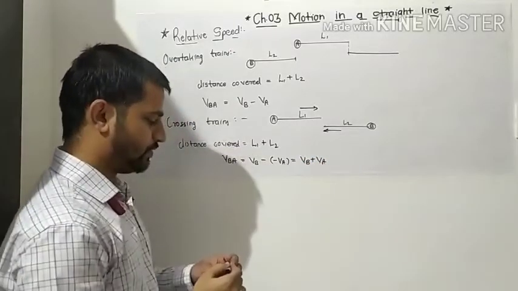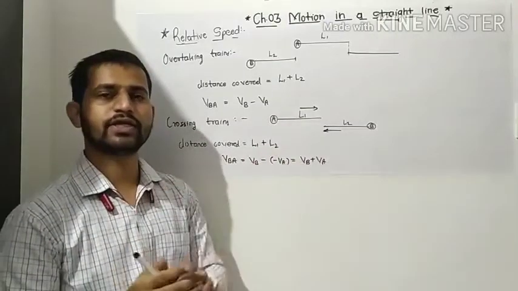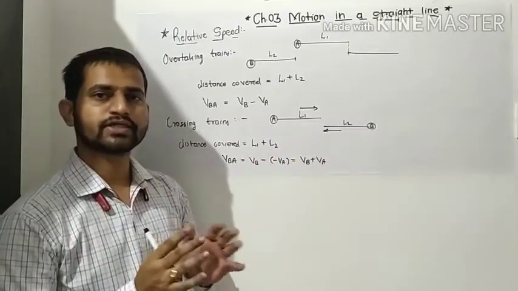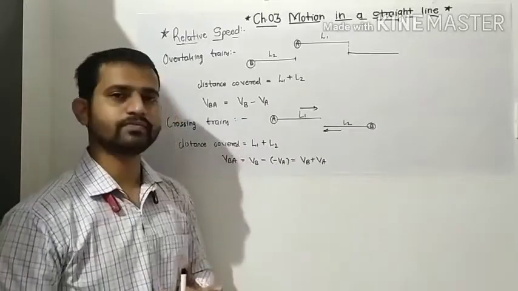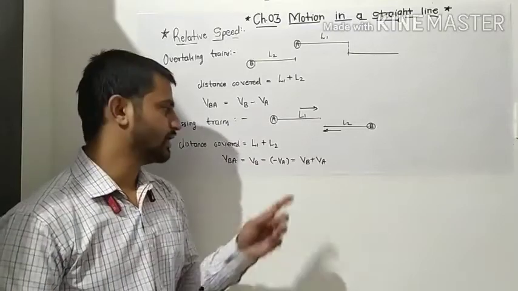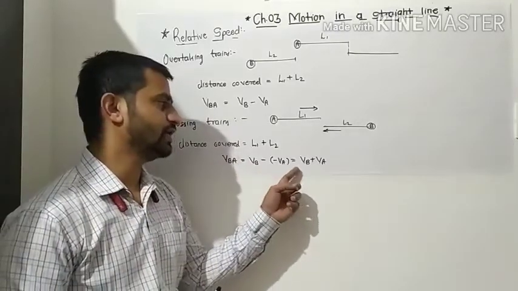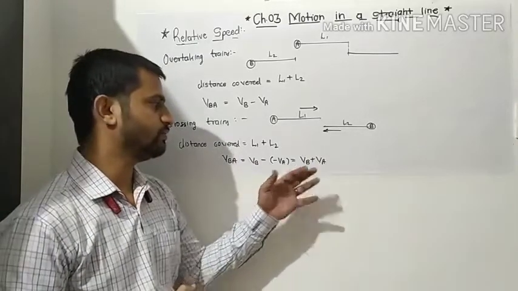Why do we take the negative sign? Because both trains are going in the opposite direction, so we consider two opposite signs. Here VB minus (minus VA), therefore VB plus VA.